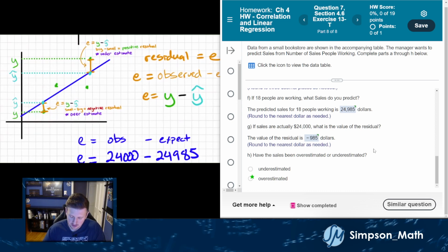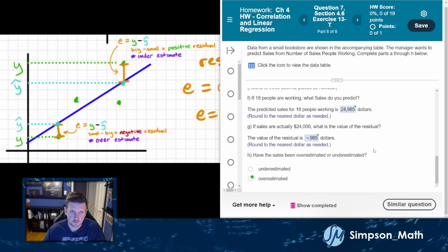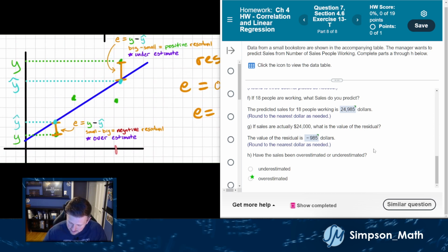So let's talk about one of 2 possibilities here with our residuals. Suppose I have some x, and this actual x value leads to this y right here. So let me put in an x right here. If I had an x here, then this data point would be x comma y, some observed x comma some observed y.